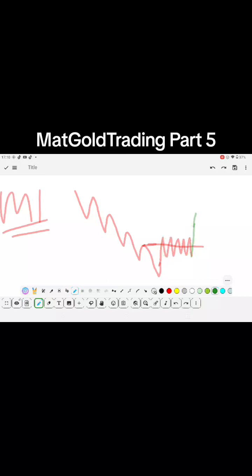That is then the only time we enter, after the close of this candle, because sometimes it can do this and then close below, so we don't want that. We want it to move as soon as it closes.